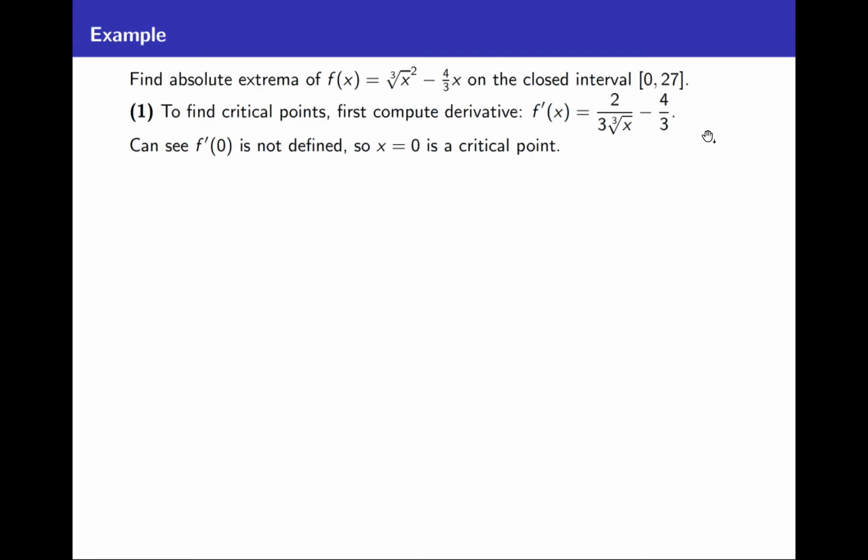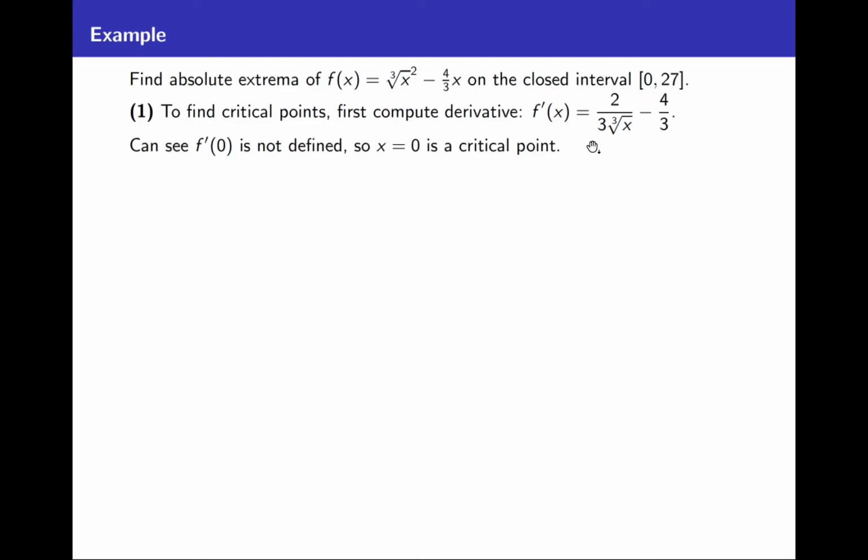And from this, you can see that just looking at the function, just by inspection, you can't plug a 0 into that because you'd be dividing by 0 right here. You can see that f prime of 0 is not defined, and that makes x equals 0 a critical point. Now, I should mention that even though x equals 0 is a critical point of this function, notice that that also happens to be an endpoint. So it's both an endpoint and a critical point.